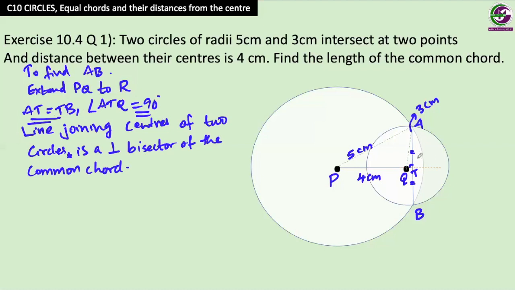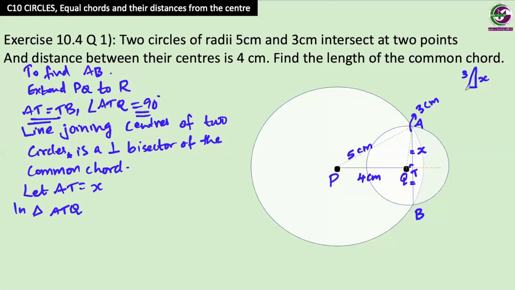Now let AT be equal to X. So AB will be 2 times X. So we have to find out X. For that, in triangle ATQ, we know it is a right triangle because the angle here is 90 degrees. AT square plus TQ square is equal to 3 square. I will draw the triangle here. Here we have X and this is 3 centimeters.